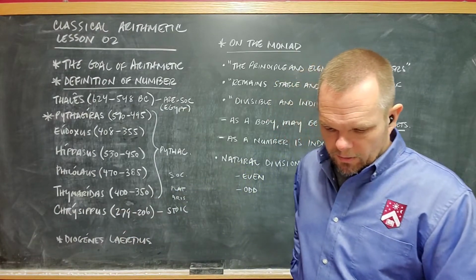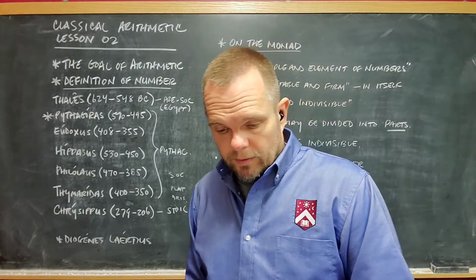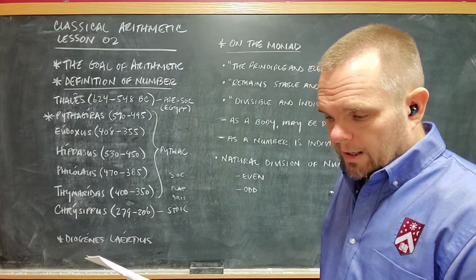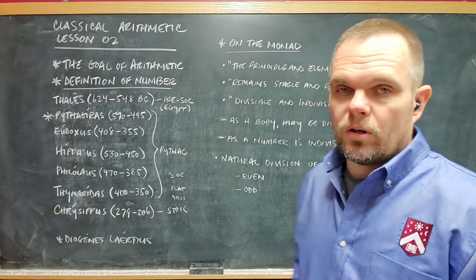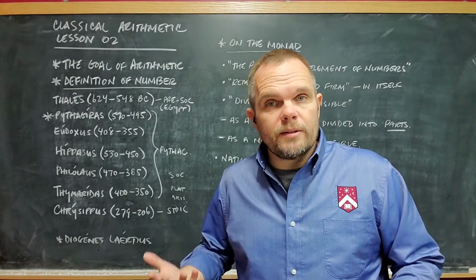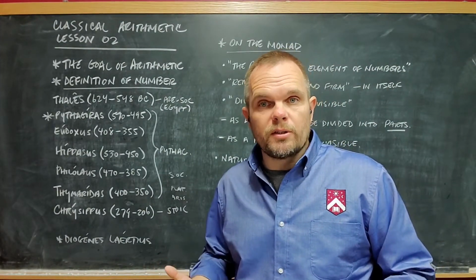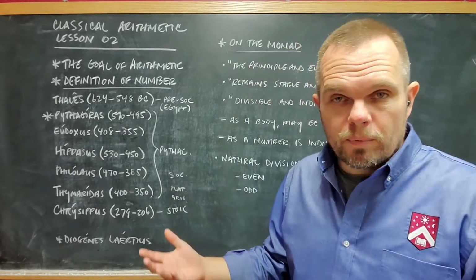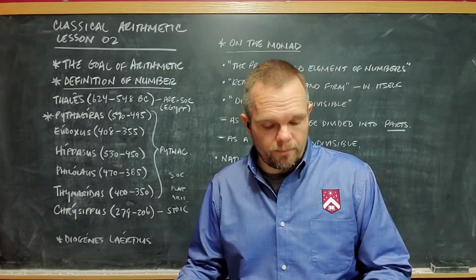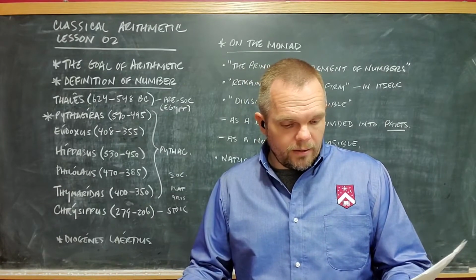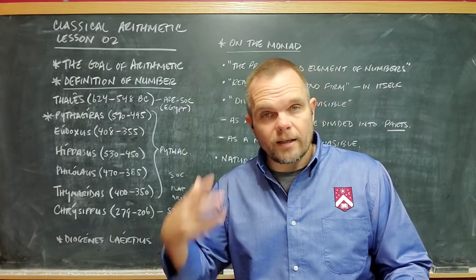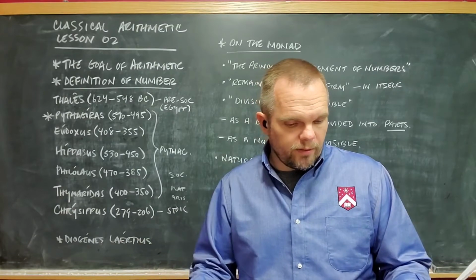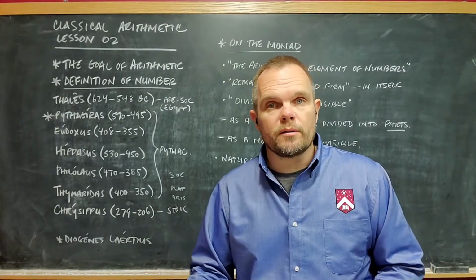Okay, so those who are more modern define the monad as that according to which everything that exists is called one. And this is a more modern definition of one that we might find in a modern practical arithmetic book. The monad is that idea according to which everything that exists is called one.